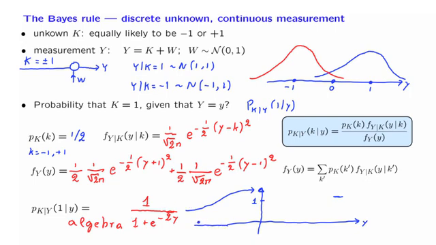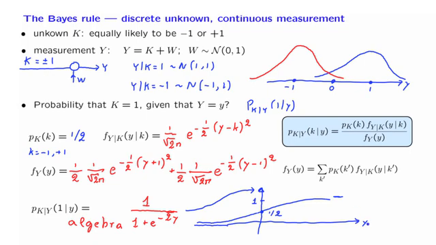So we have a graph that starts at 0, rises monotonically, and in the limit converges to 1. If y is equal to 0, then this term is 1, and we obtain a 1/2. Let us interpret this plot.